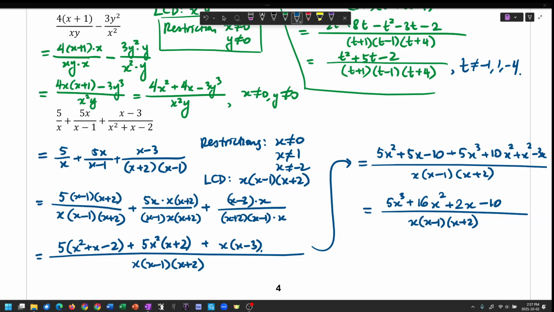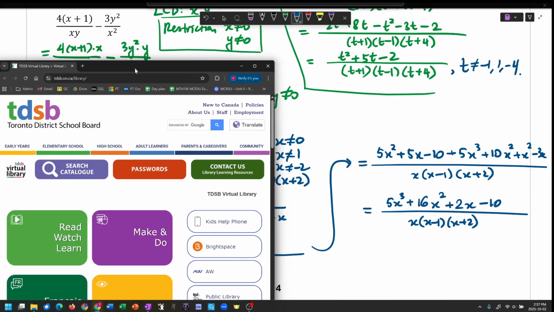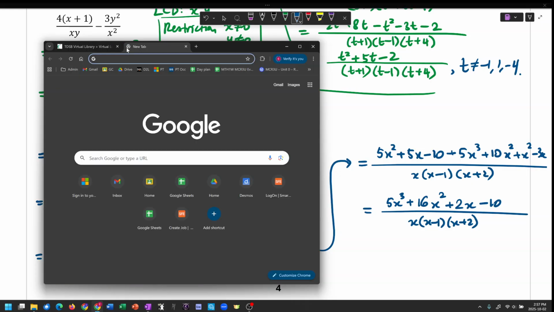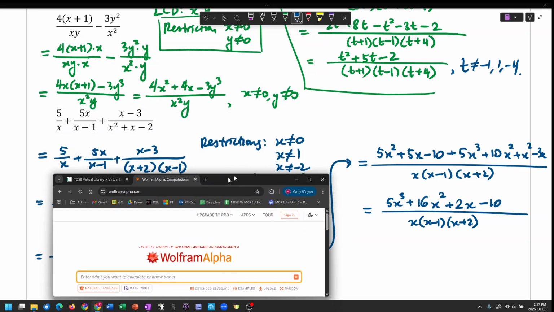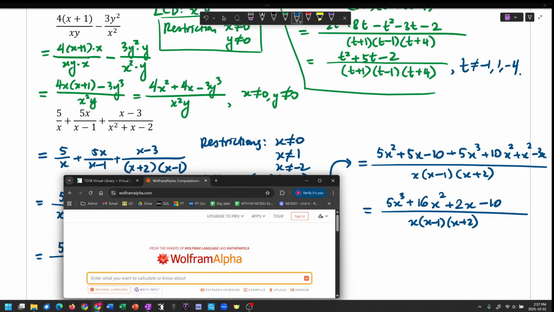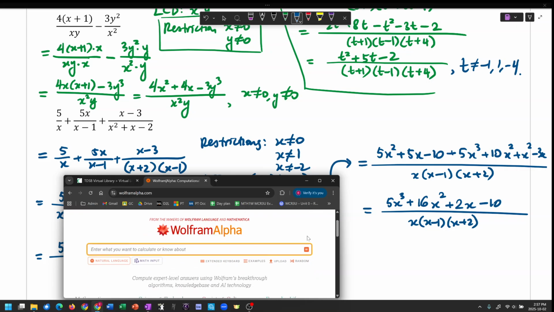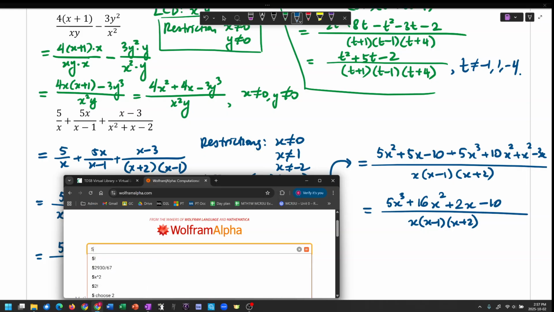Now, there's one last thing that we can do, which is I'm actually going to show you how to check your answer if you don't have access to the answer key. Generally, this is okay. Wolfram Alpha is actually built for math, so it will give you the correct results like 99.999% of the time.